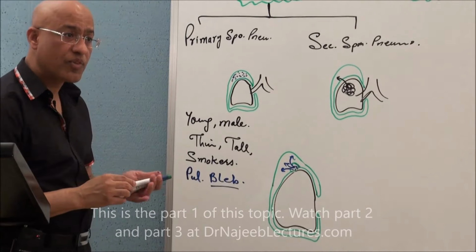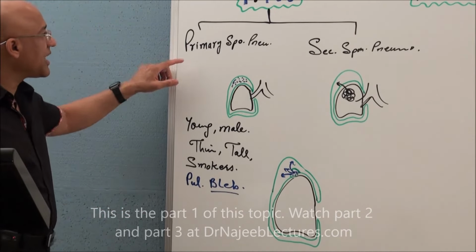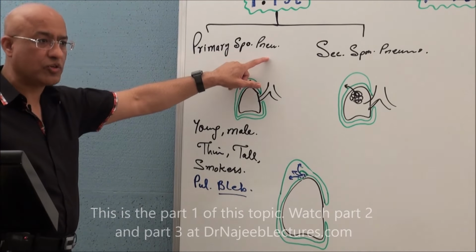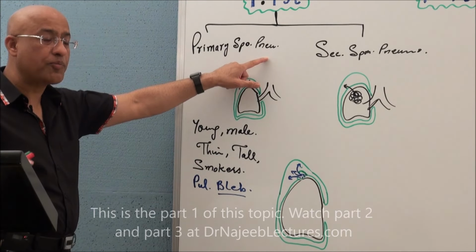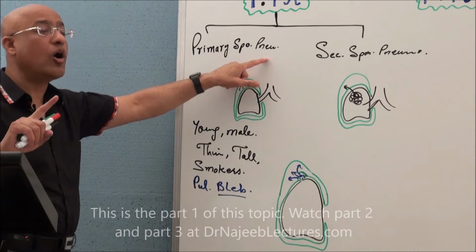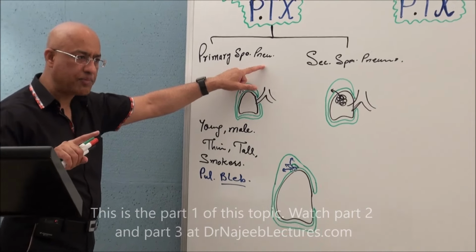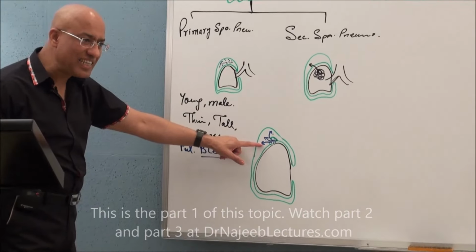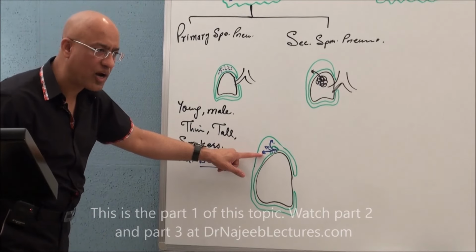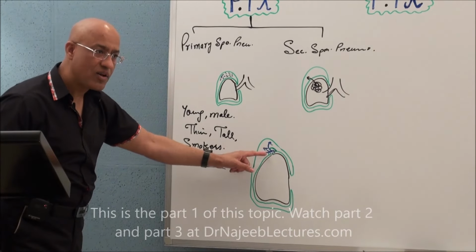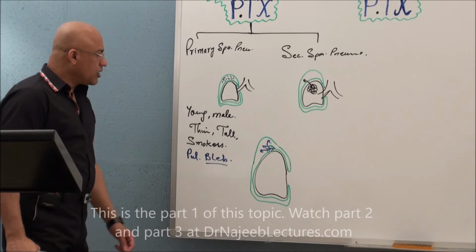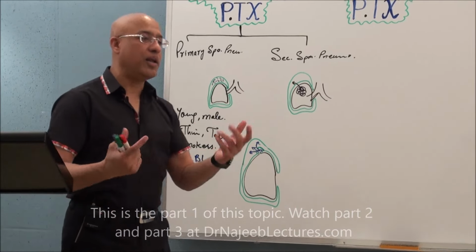So what is the underlying cause of primary spontaneous pneumothorax? I will say the presence of subpleural or intrapleural blebs which are under or in the visceral pleura, not parietal, under the visceral pleura. Usually these blebs are multiple.